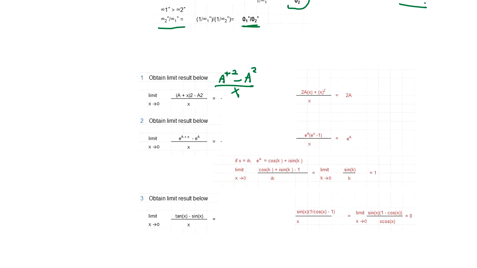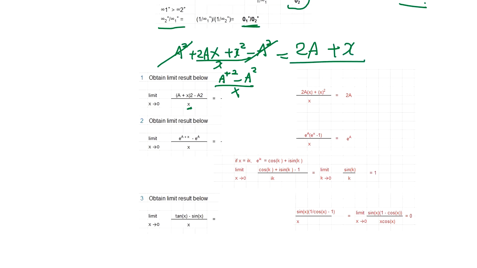But if you expand this, a squared plus 2ax plus x squared minus a squared, the a squared goes out, and we divide by x, so 2a plus x. Now actually, if you work it out, x goes to 0, this goes to 2a.